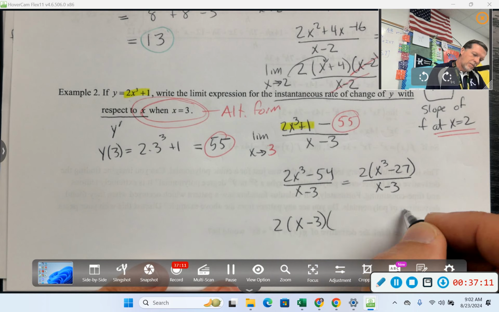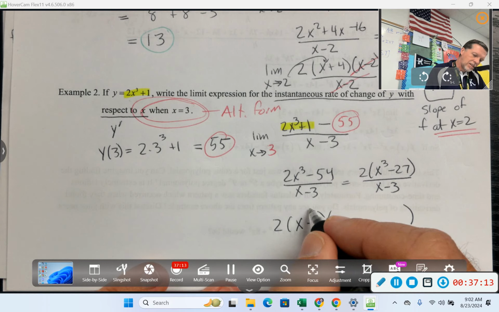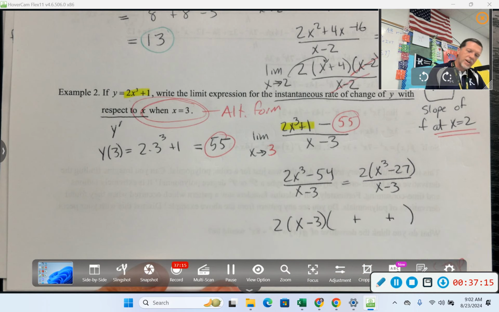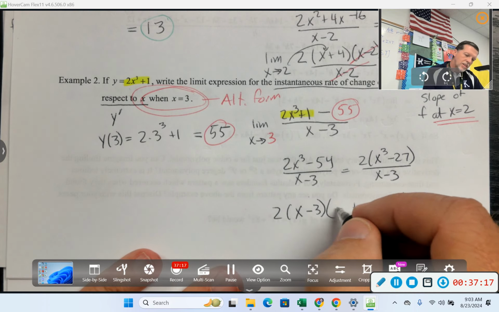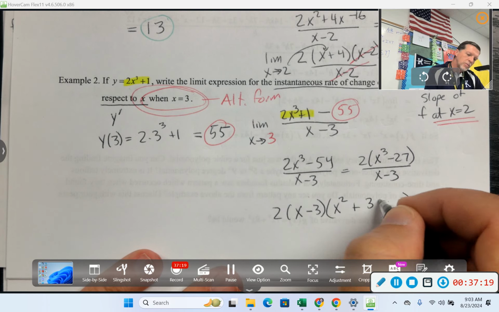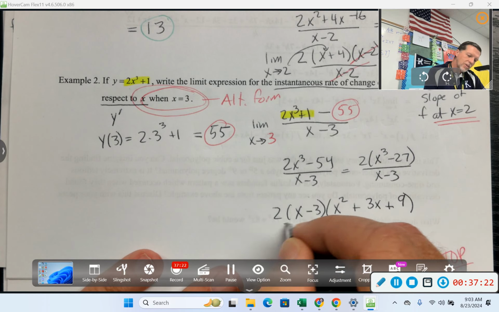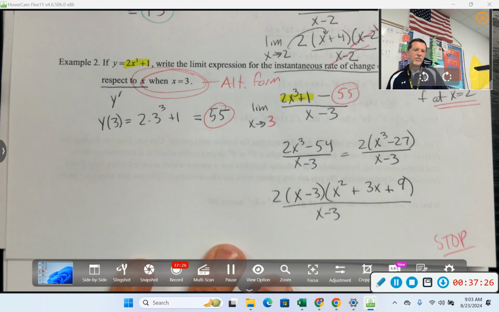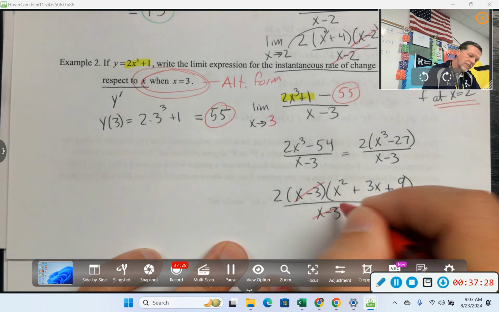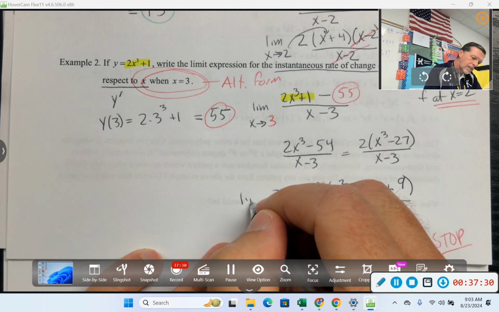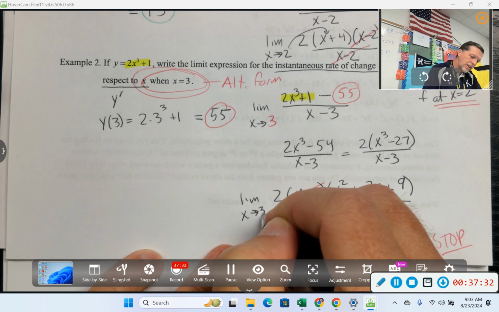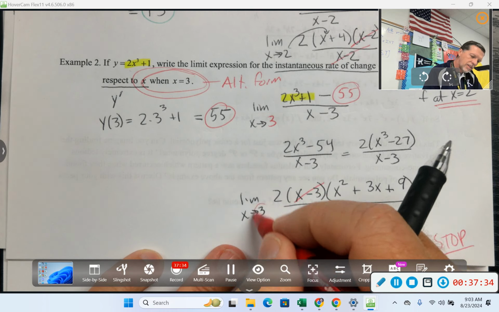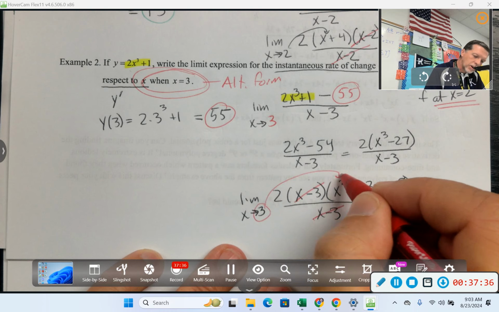Let's see, x minus 3, and then same, opposite always positive. Square the first one, multiply the 2 together, square the second one. Magically, the x minus 3's cancel out. Then I can try to plug in 3. I mean, not try, it's going to work. I'm good now.